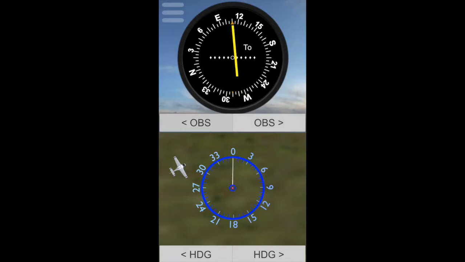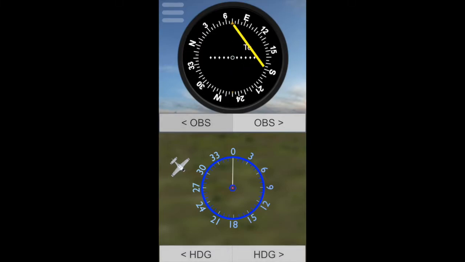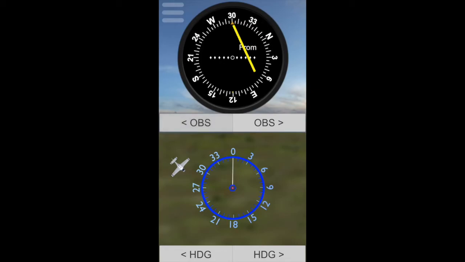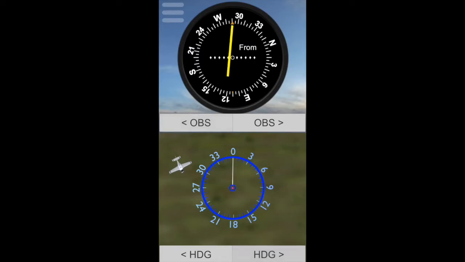Here we go. That's 110. If I fly heading 110 with my plane, I'm going to fly straight towards the VOR. If I fly the opposite heading, which is the radial I'm on, with the from indication, as you can see here, keep turning, I fly 290. Exactly. Turn the plane around. I'm flying 290. I am flying away from the VOR.